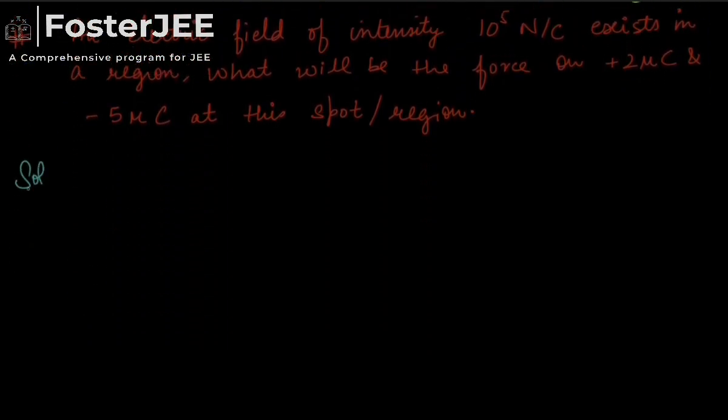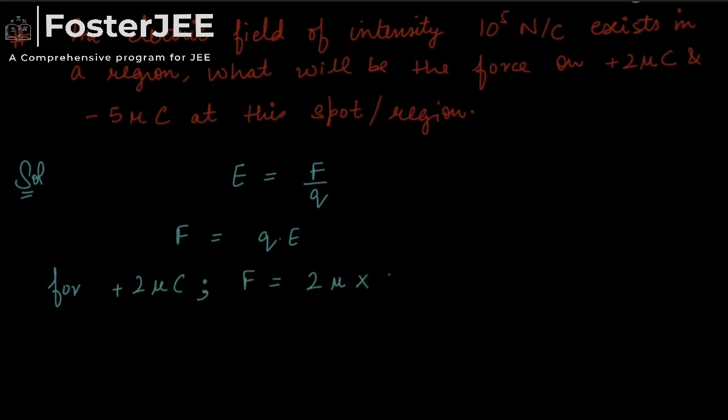Now, we know electric field intensity is defined as force acting per unit charge, so the force will be Q times E, that is charge into electric field intensity. For plus 2 microcoulomb, force will be 2 micro into electric field, that is 10 to the power 5.